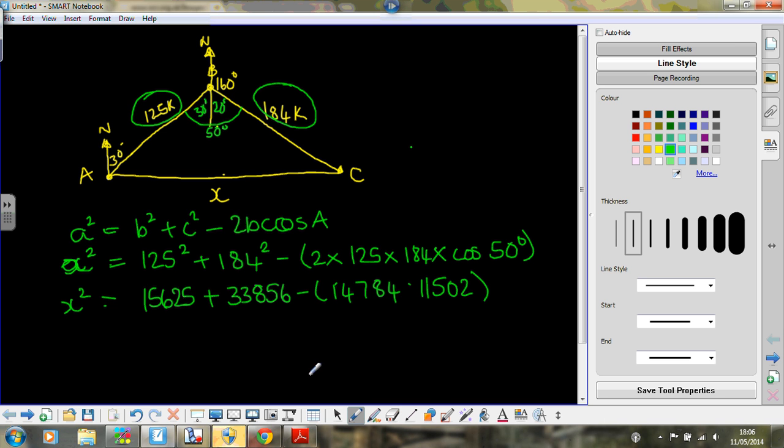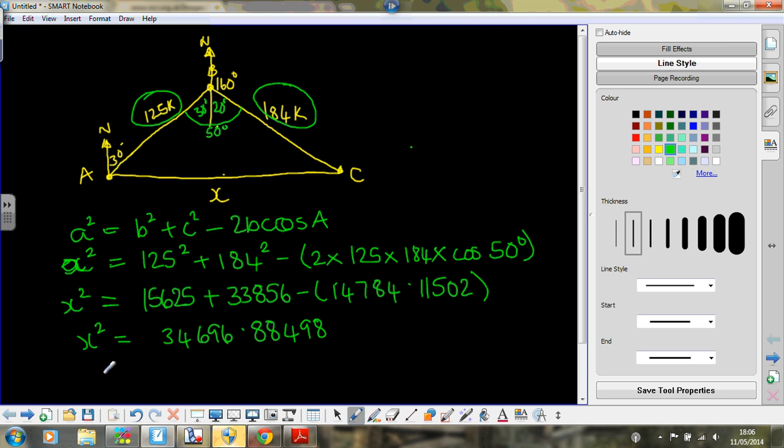And I would keep all my decimal places at this point. I'm not going to work this out. I could now do that calculation here on my calculator. I'll trust myself to enter that. And that gives me 34,696.88498.